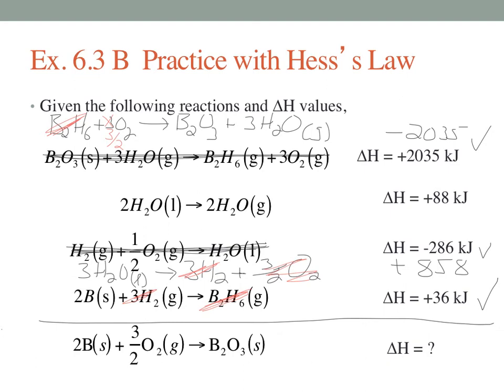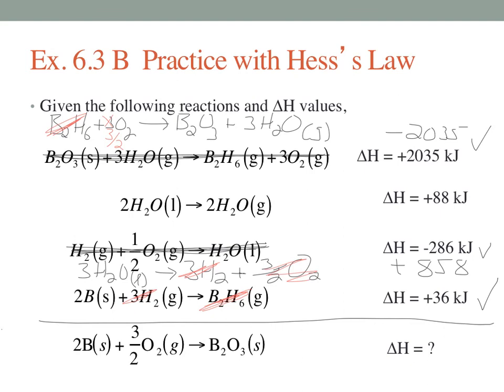And the only thing we haven't taken care of is the water, which is what this last reaction is going to do for us. We have 3 gaseous waters on the right that we need to cancel out over here, and 3 liquid waters on the left that we need to cancel out. And since these are going to be the same coefficients, we can do that for both of them. Now, for some odd reason, they already have coefficients of 2. We need them to be coefficients of 3.